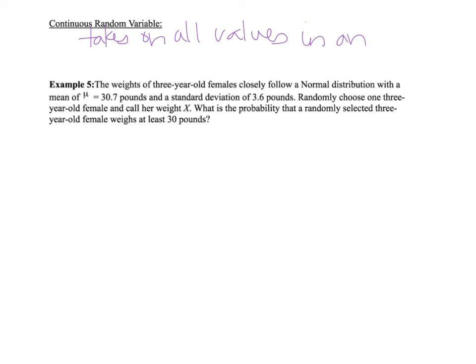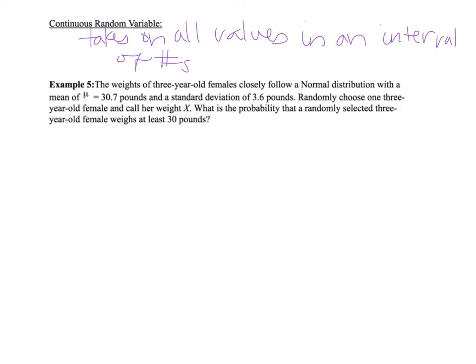For example, if I were to measure your height in inches and be extremely exact, you can have a height of like 68.2 inches. That is completely okay. Or you can have a height of like 61.857. That's okay too. So it's going to take on all sorts of values in there. It is a continuous thing.